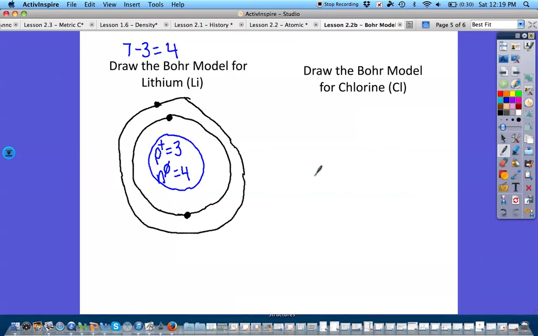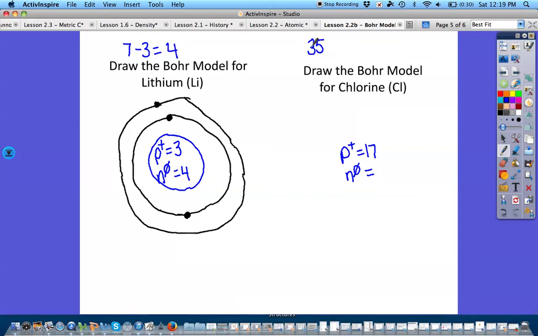For chlorine, the atomic number is 17. And to find the number of neutrons, we take the mass number minus the number of protons. So the average atomic mass is 35.45. Rounding that to a whole number would be 35.